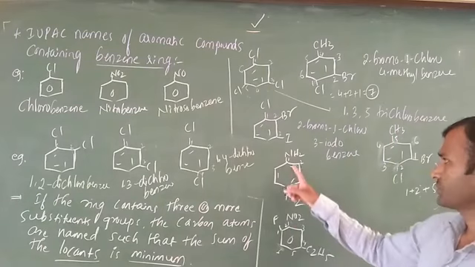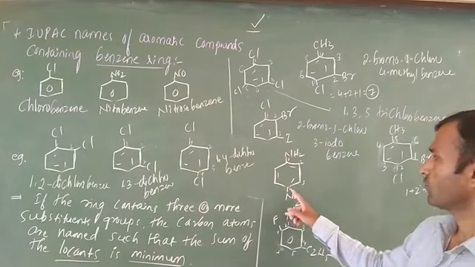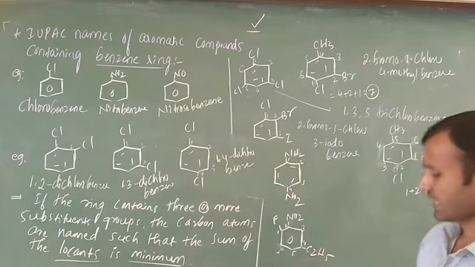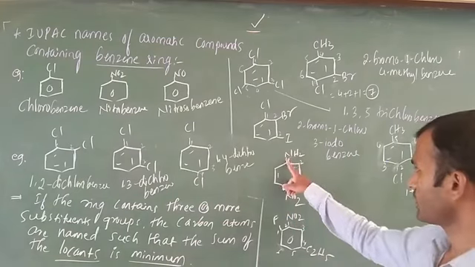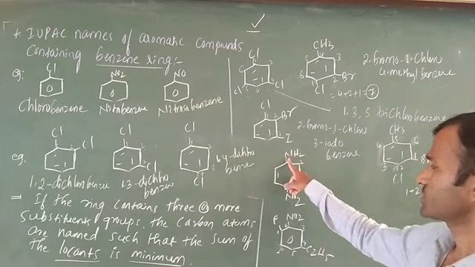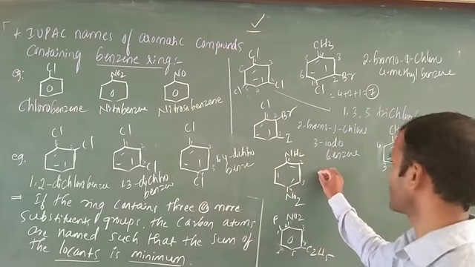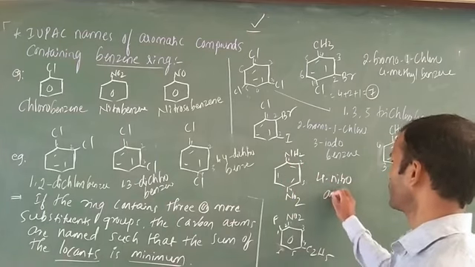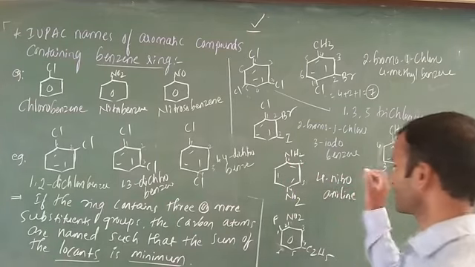Next here there is 1, 2, 3, 4 nitro, and totally you are going to call it aniline. In this case 1, 2, 3, 4, this is of preference 1, that is why 4 nitro is there, 4 nitro aniline, this is the name.